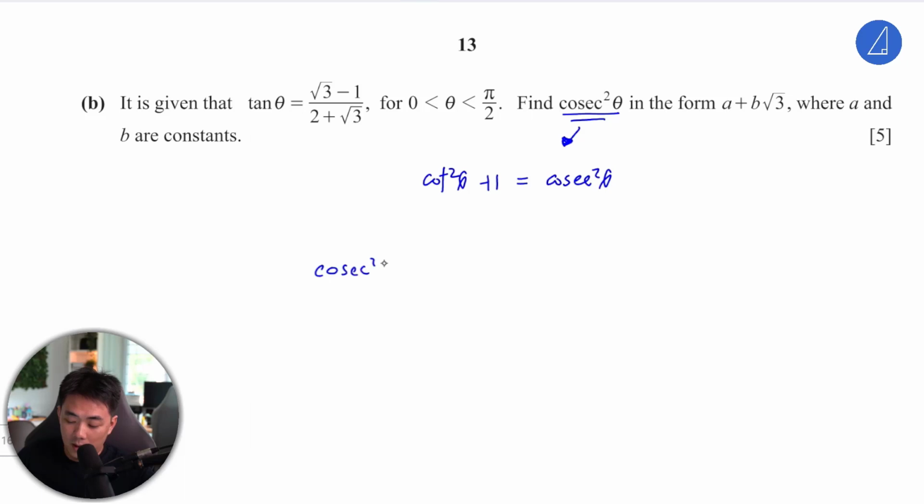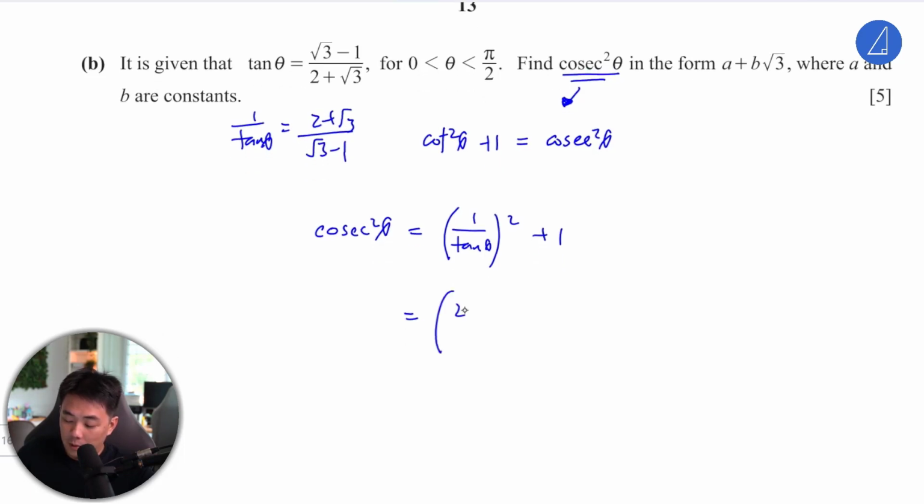So cosecant square theta is equals to cot square, which is 1 over tangent theta squared, plus 1. All right? So take the reciprocal of tangent theta. So we know that cot is 1 over tangent theta, we just take the reciprocal, which is 2 plus root 3 over root 3 minus 1, squared, plus 1.